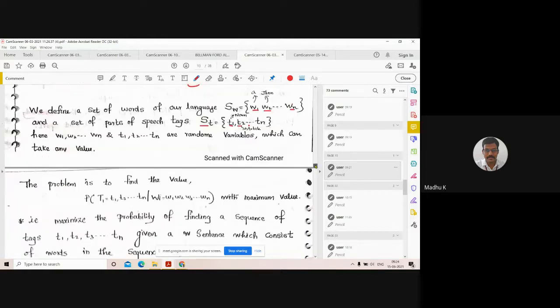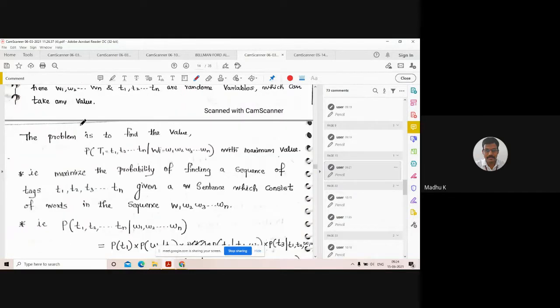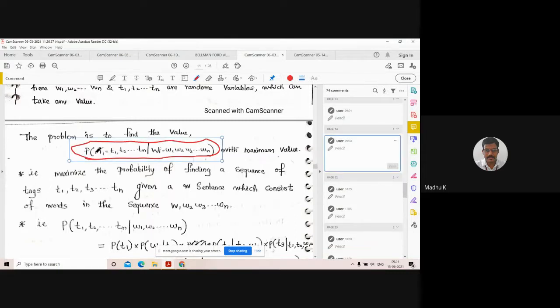Then we try to find the probability of this. This is the general equation for calculating the probability. Its meaning is: given the words in this order, what is the probability of the tags coming in this sequence?